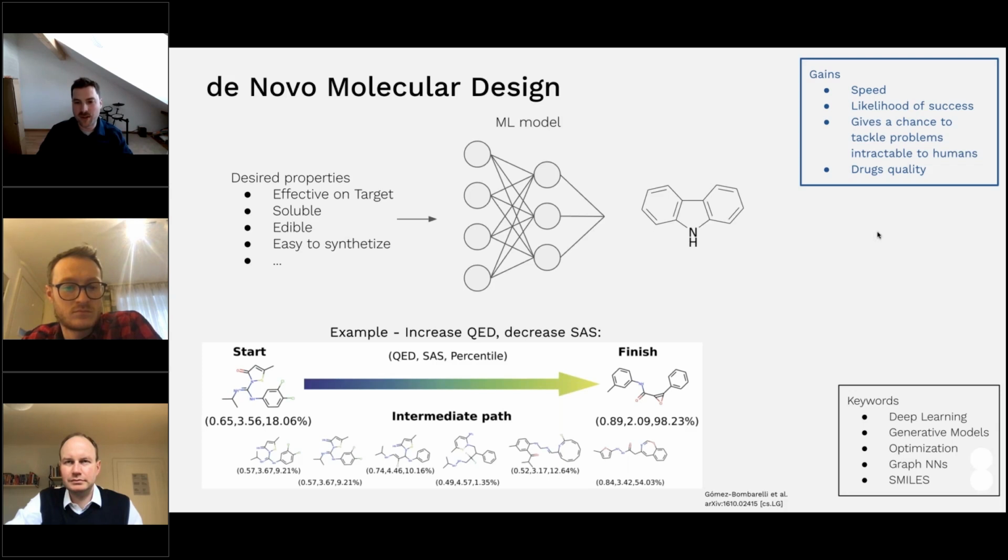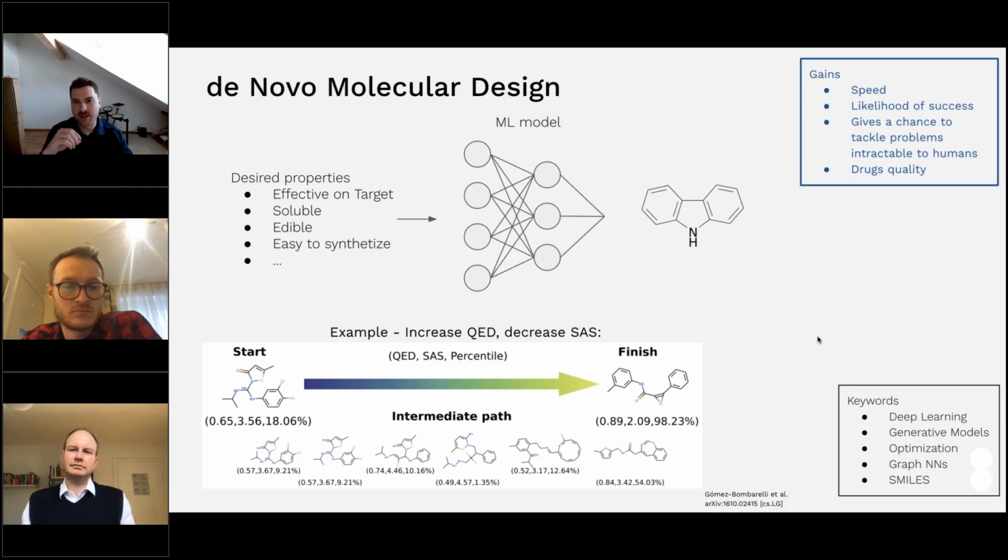And there is some work in this direction. There is a paper, for example, that I'm citing here on this deck, where you can see on the left, they have a molecule that they start with, and then they ask the model to incrementally optimize it to make it better. Here they are optimizing two metrics.